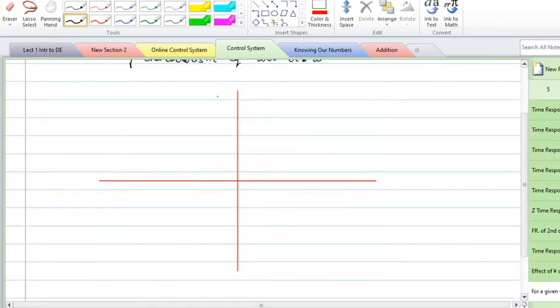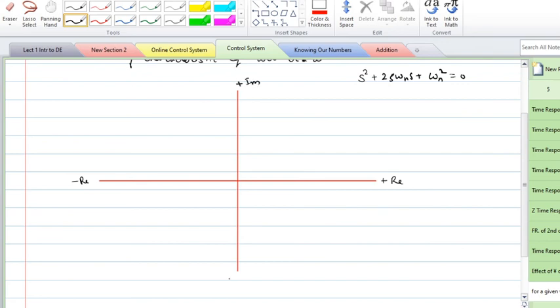Suppose this is plus real and this is minus real, because we have to draw the roots of this polynomial, that is s square plus 2 zeta omega n s plus omega n square equals 0. Then assume that this is your real axis and this is your plus imaginary axis and this is your minus imaginary axis.